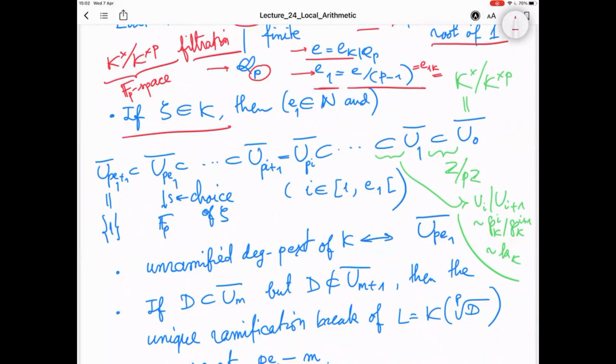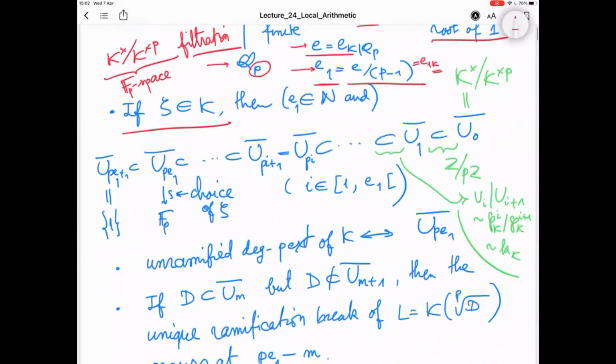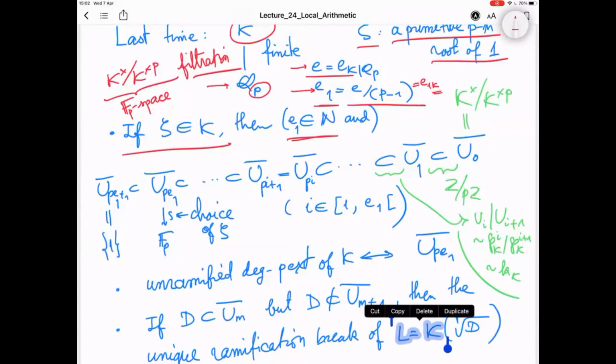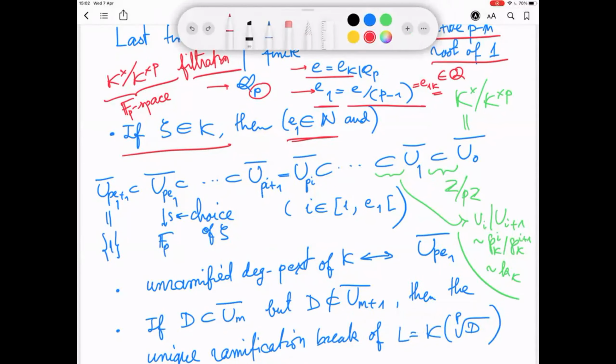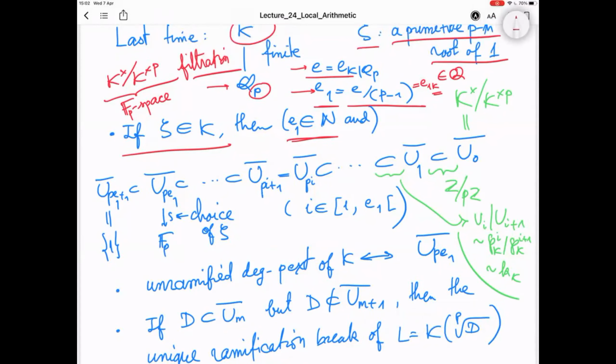So what we had proved last time was that if zeta is in K, if K contains a primitive pth root of unity, then of course this e1 is a natural number. I mean, a priori it's just a rational number. But if zeta is in K, then it's actually a natural number.